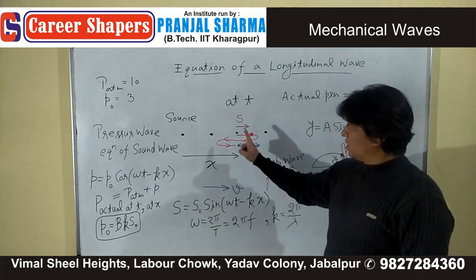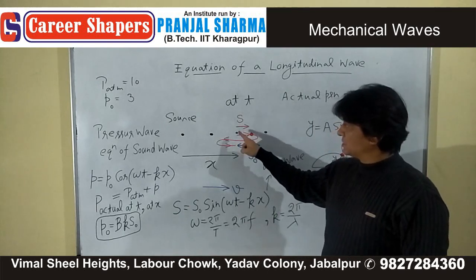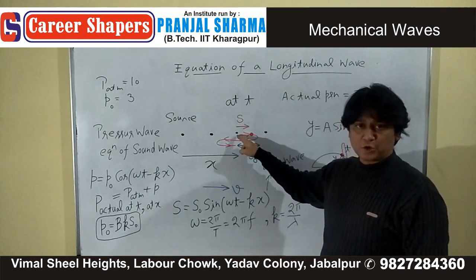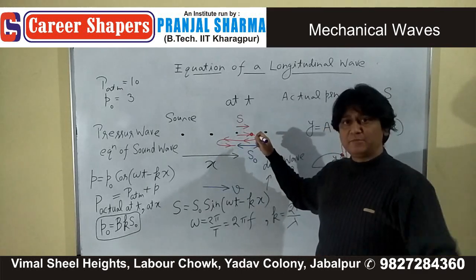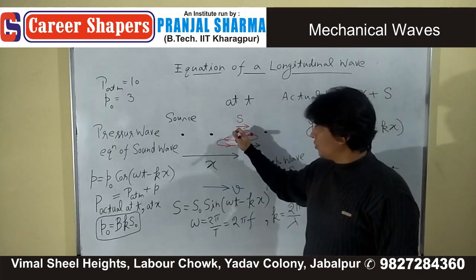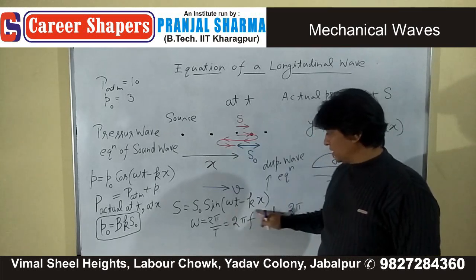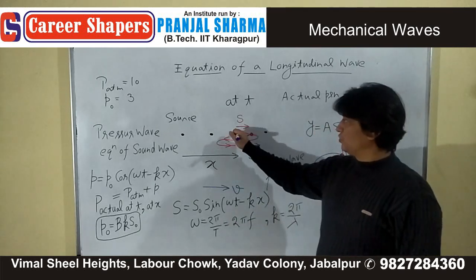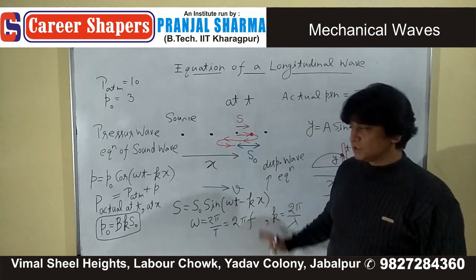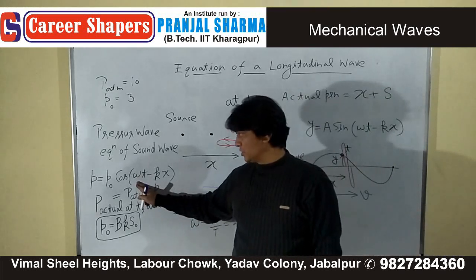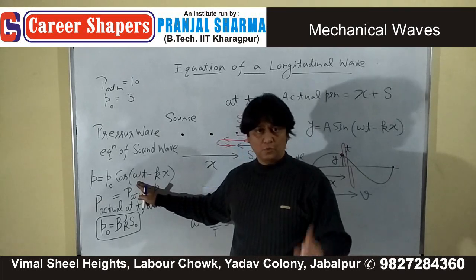That means this particle is right at this location only. It is oscillating, and at some time t you found that it is over here. This whole thing becomes 0. Now once omega t minus kx is 0, if you put it in this equation, then cos 0 is 1.